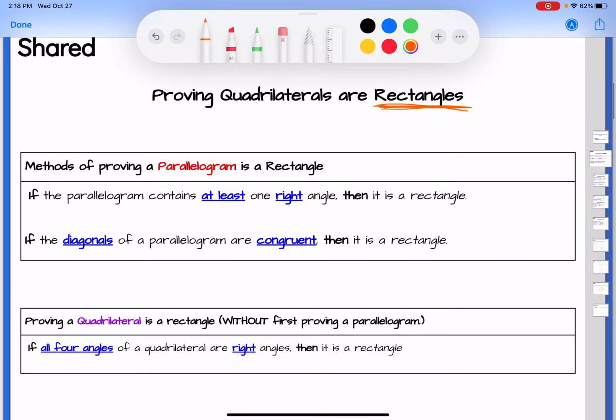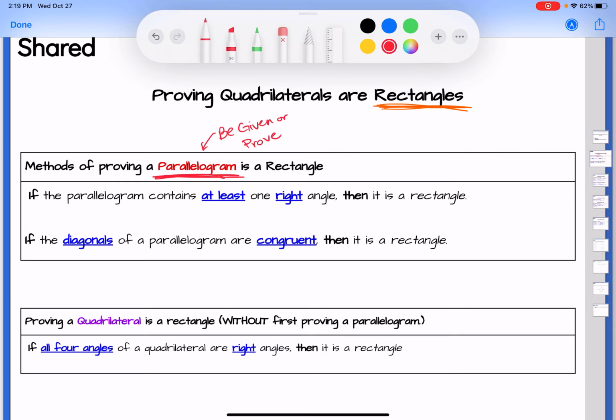Since rectangles are in the parallelogram family tree, there are two methods that we could use if I already know that it's a parallelogram. So we're starting with the fact that I have a parallelogram, either given or proved first.